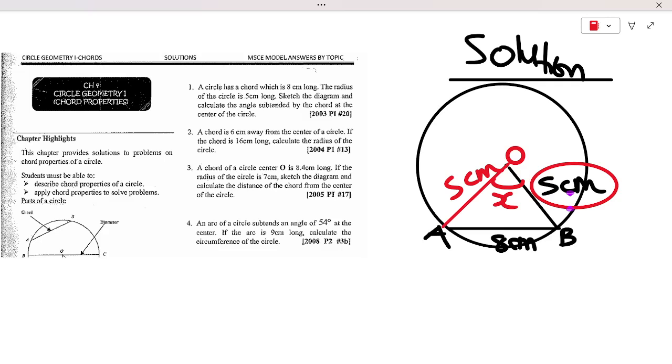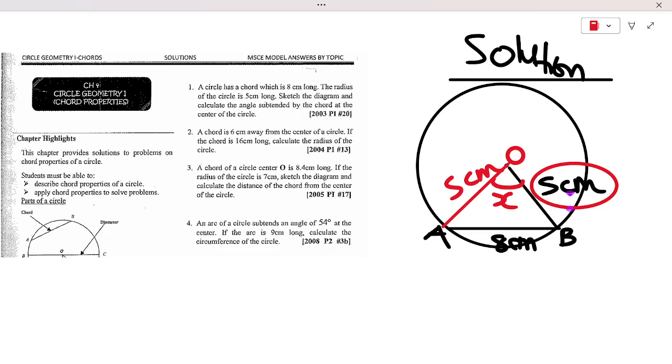I remember I taught the cosine law to some of you, but some of you maybe don't know it.